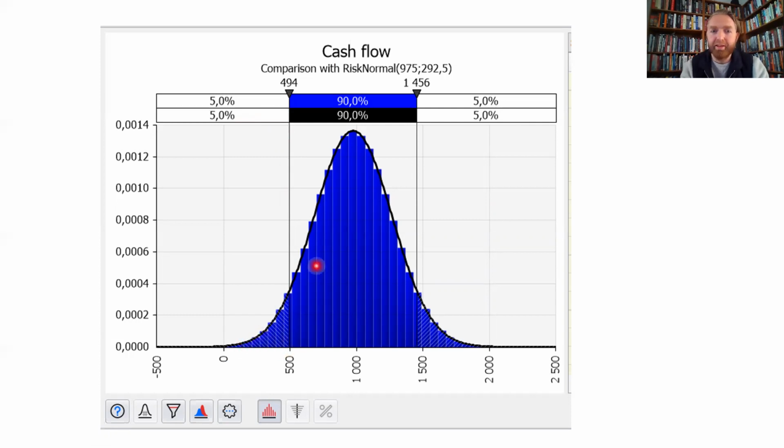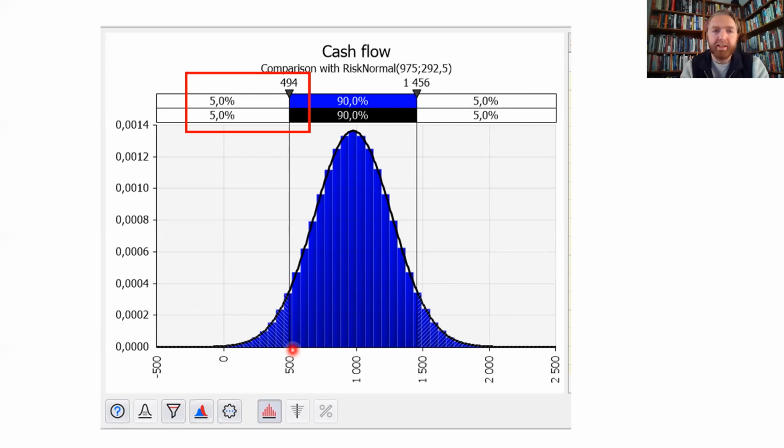All right, and you have 95% of simulated outcomes for cash flow to the right of that line. So that would be the cash flow number in this case. 494 is the value associated with a 5% probability of going below that level.